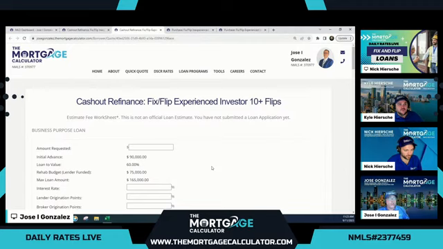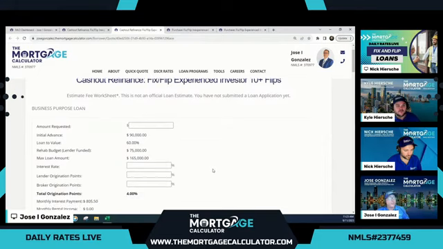rehab the property and recuperate some of the money that they paid up front. Same transaction, $150,000 as-is, $150,000 purchase. But in this case, at closing, the advance is $90,000 with a $75,000 rehab budget, 100% financed.